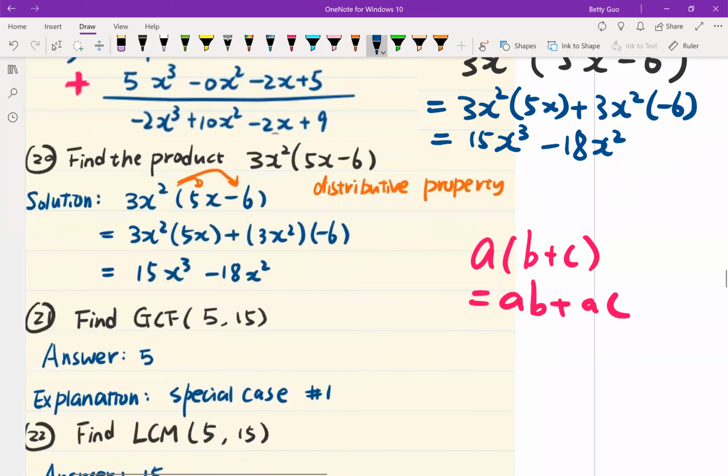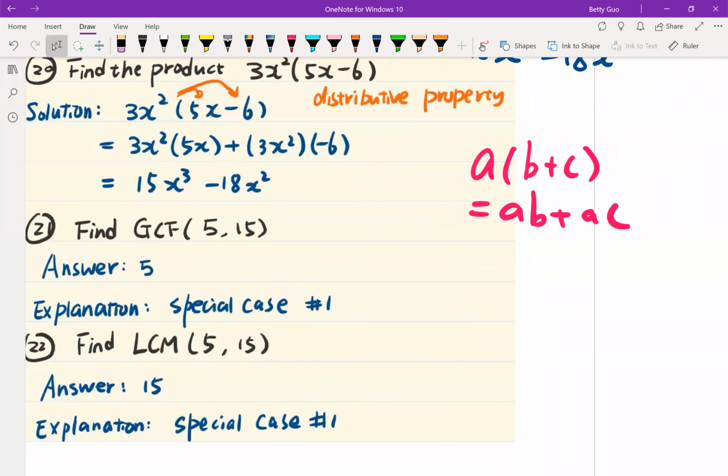Number 21, find the GCF for 5 and 15. The whole semester, I cannot remember how many times we talk about GCF, LCM, special case number 1, special case number 2. So please know what special case number 1 is and what special case number 2 is.